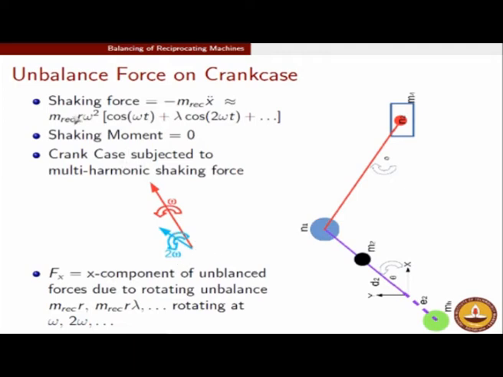If I have m_rec r as the unbalance and m_rec r times lambda as another unbalanced force, each rotating at omega and 2 omega, the component of these rotary unbalances along the x direction is exactly my shaking force, and that is going to give me great benefit in designing ways and means in which I can reduce the shaking force.